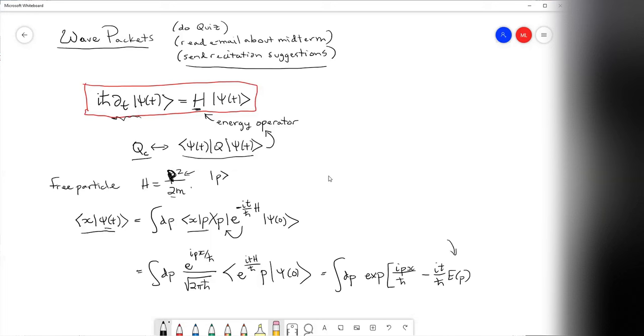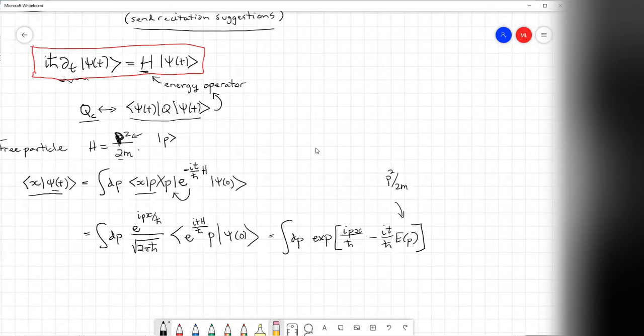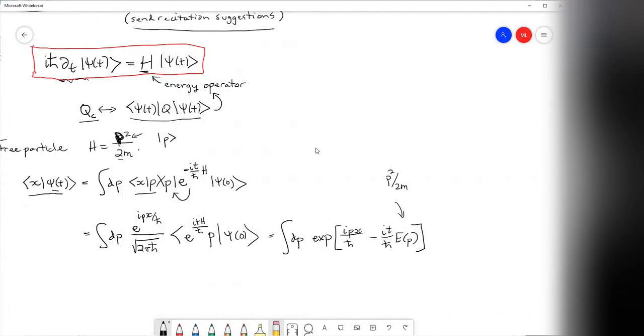That's just p squared over 2m, little p, because the eigenvalue just pops out of there. And here you have, for the rest of it, <p|psi naught>, the initial state, divided by this normalization, the square root of 2 pi h bar.